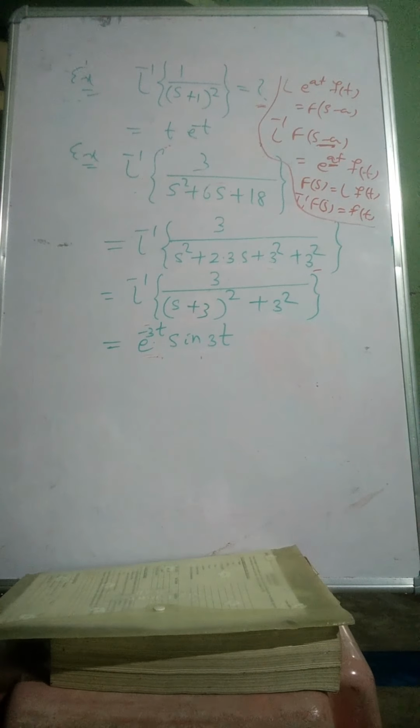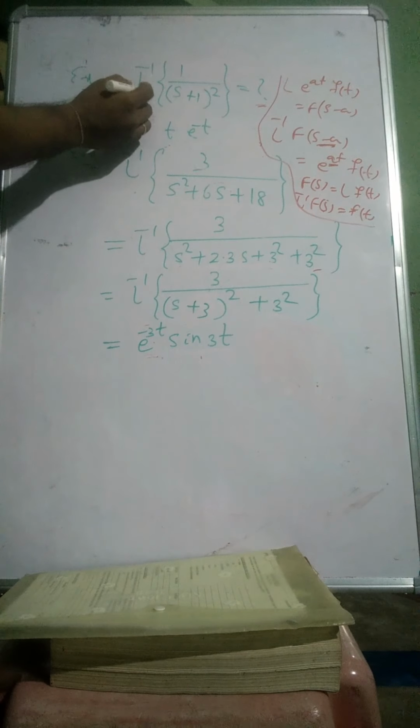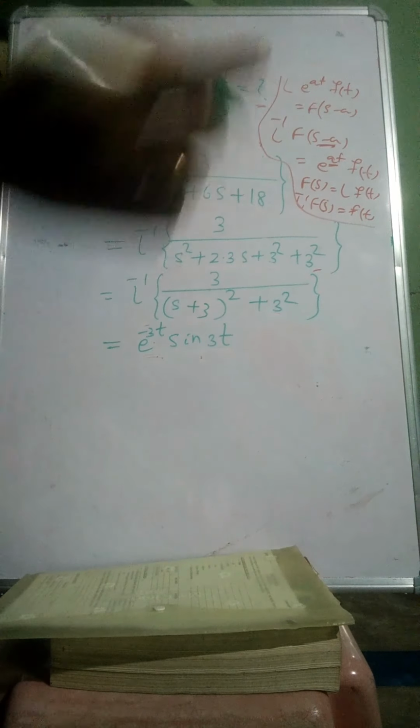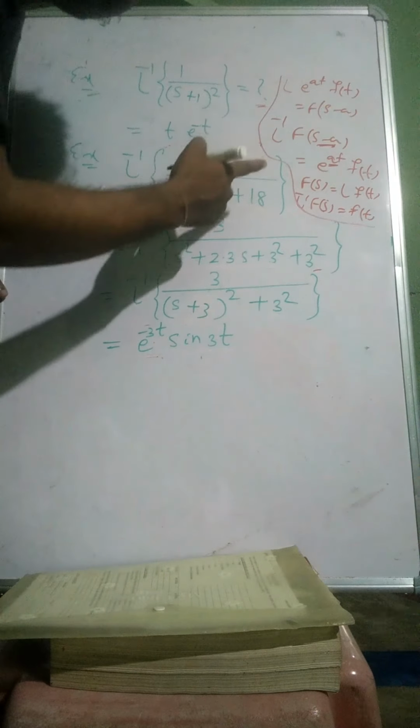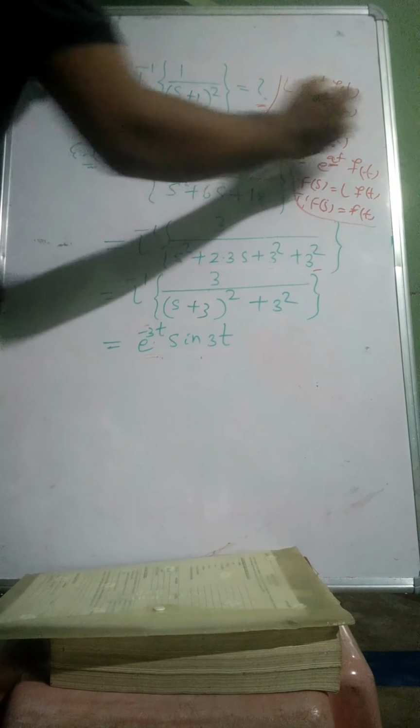Now we will solve some inverse problems using the first shifting theorem. You just see Laplace inverse of 1 by (s plus 1) whole square. How to find it? Just recall the statement of the first shifting theorem: Laplace of e to the power at into f of t is F of s minus a.